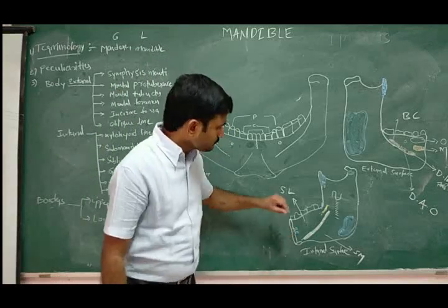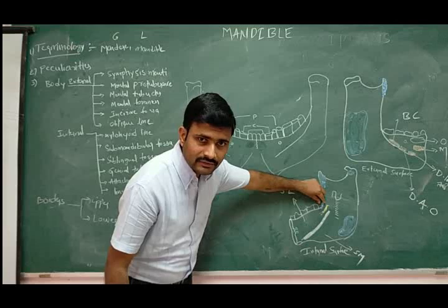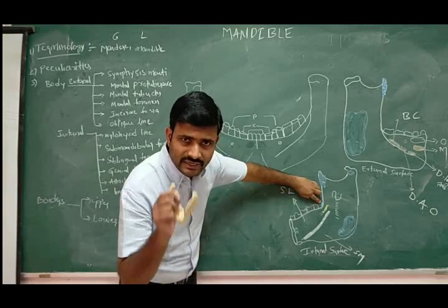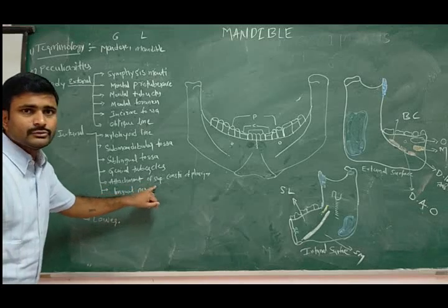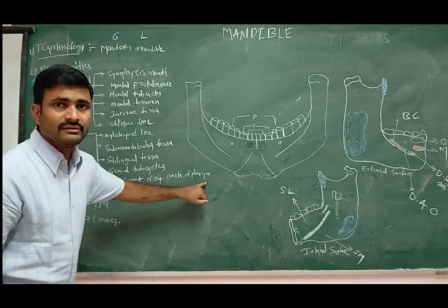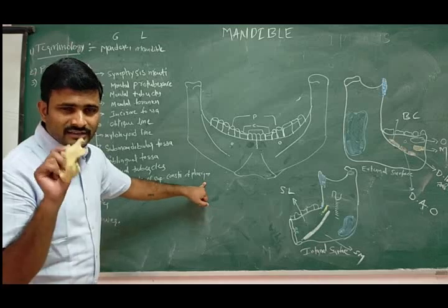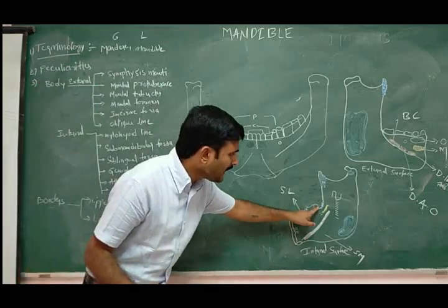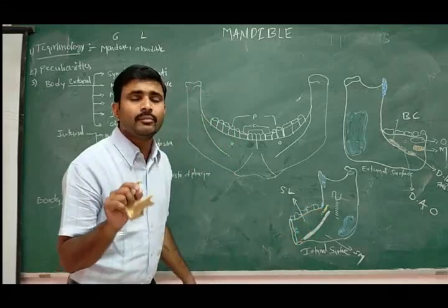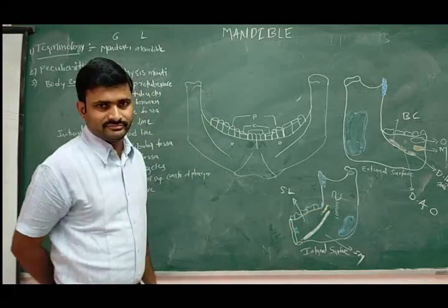Next, in this part, a small muscle gets inserted here. That is the attachment of the superior constrictor of the pharynx. It is a muscle, the superior constrictor muscle. The muscle is attached behind the third premolar tooth.